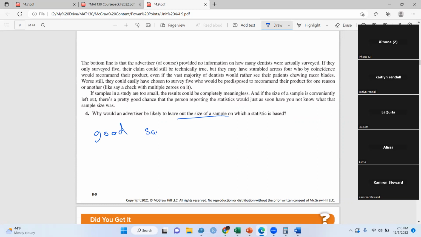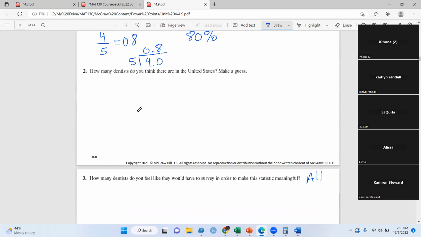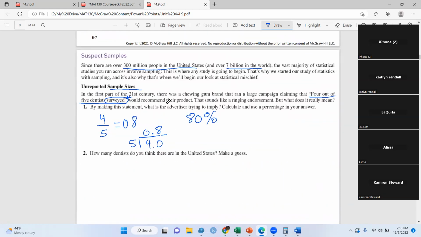Good samples are very expensive. It takes time and money to generate them. And so mostly these types of things are ridiculous statements that you should just ignore.